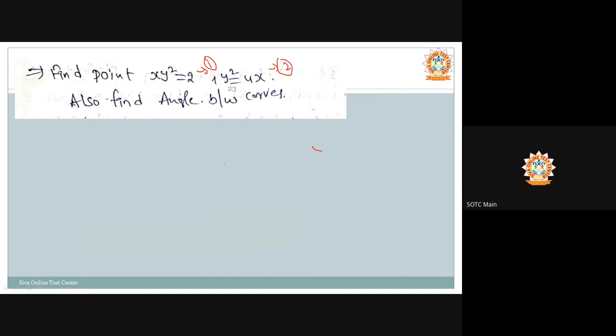So here you can see in the place of y square, it is xy square or xy? No, it is just xy. Just remove this y square. So from this you can make y is equal to something. What y will become? Under root 4x. Yes or no?